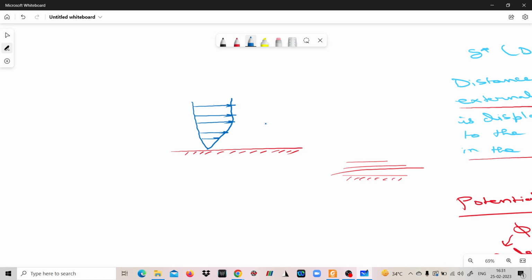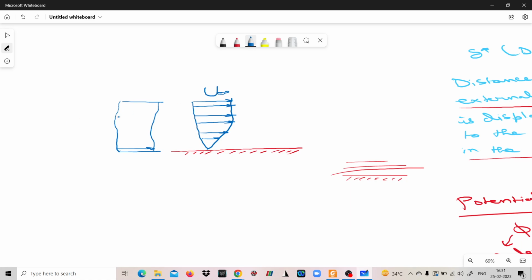Suppose there was no solid boundary. If there was no solid boundary, how would the velocity distribution be? At the edge of the boundary layer, what is the value of the velocity? It is capital U, or let me write U infinity.